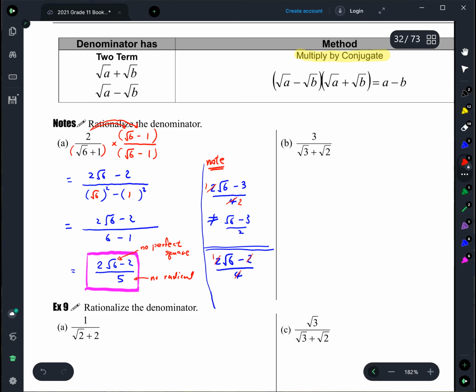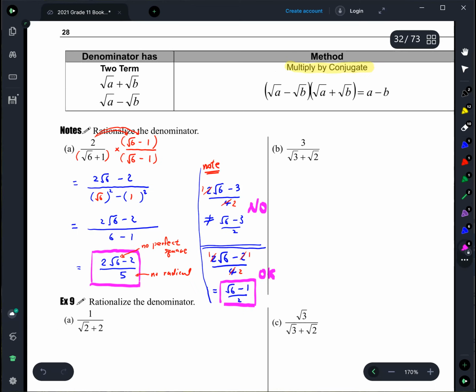So this will become 1, that will become 1, this will be 2. So if you want to reduce, you have to be fair. Every term needs to be able to reduce by the same number. So at the end, it will become root 6 minus 1 over 2. So this one is okay, this one is no. Sometimes it's very tempting to reduce, but sometimes you can't do it.